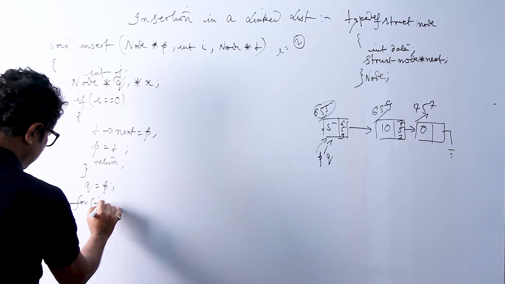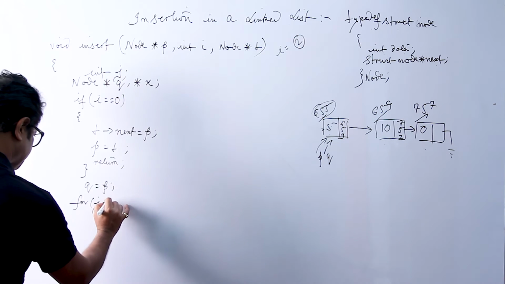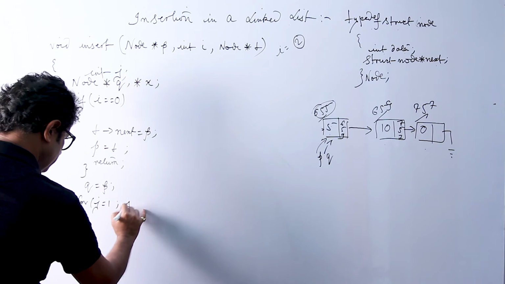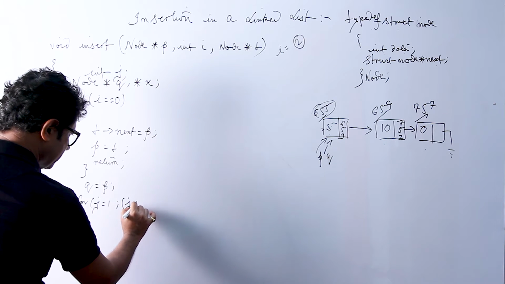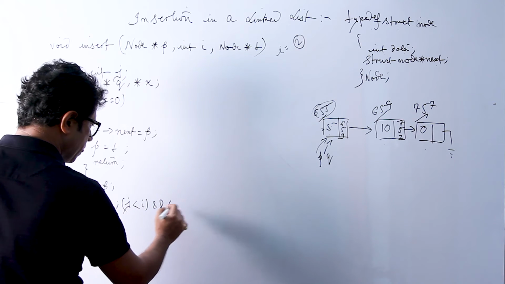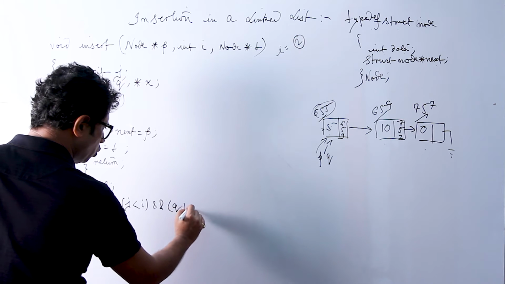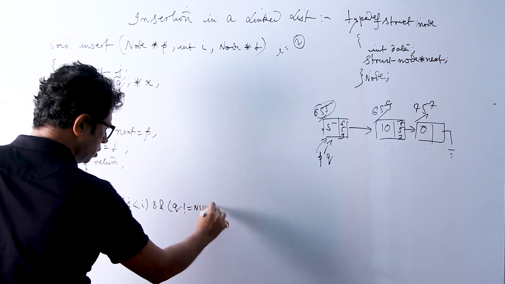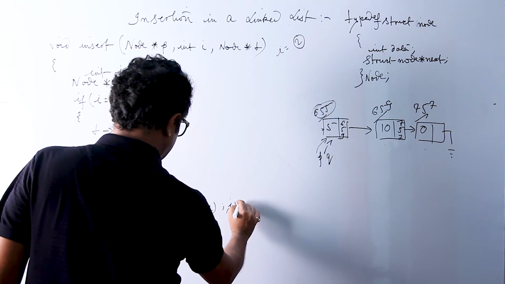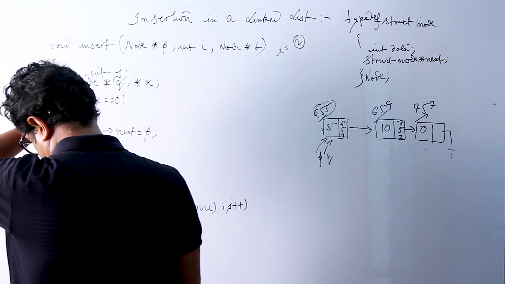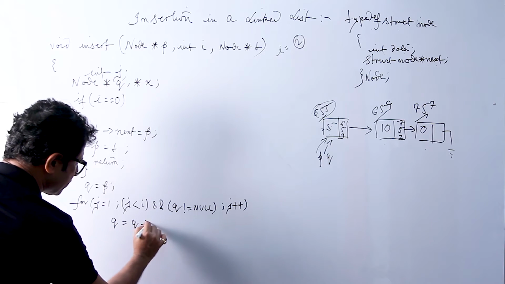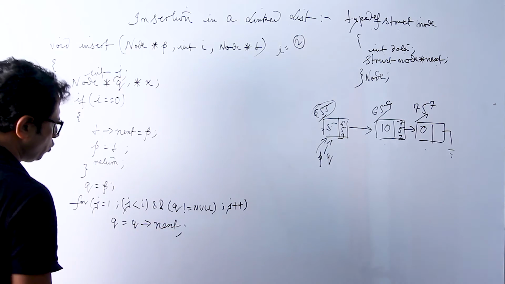For j is equal to 1, j less than I, and q not equal to null, then j plus plus. Then we will write a single expression statement, q is equal to q next.